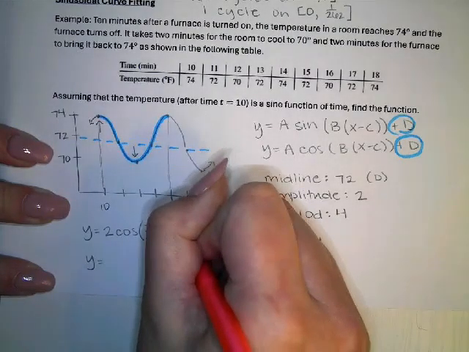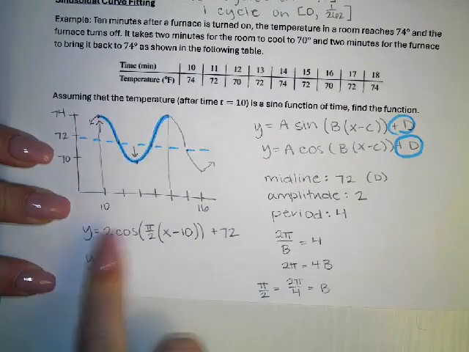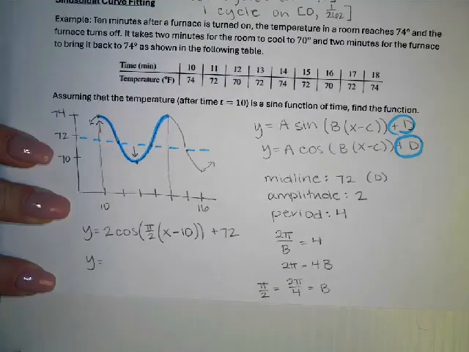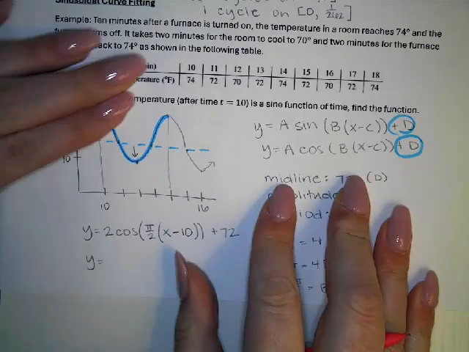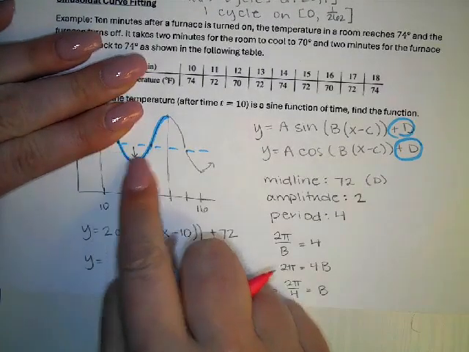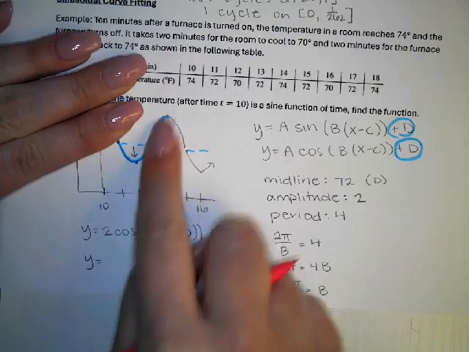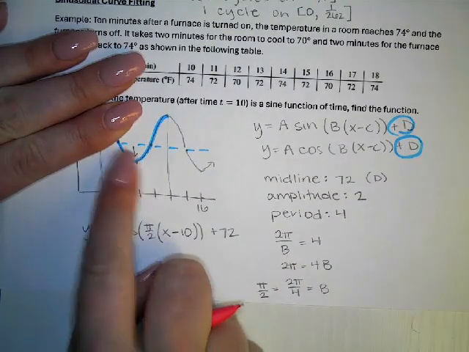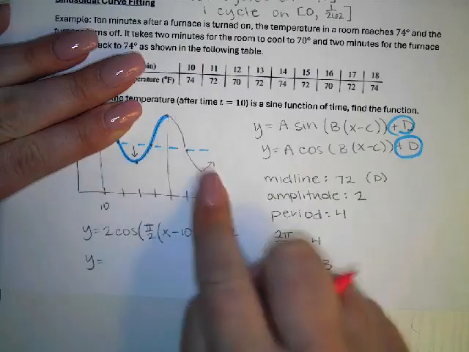I can also write a sine equation that would give me the information that I need. If I start right here, this looks like a sine curve, but it looks like a sine curve that starts in the negative. It's going down first and then up. So if I wrote this, I could call this -2 times sine, and I would keep the b value the same.